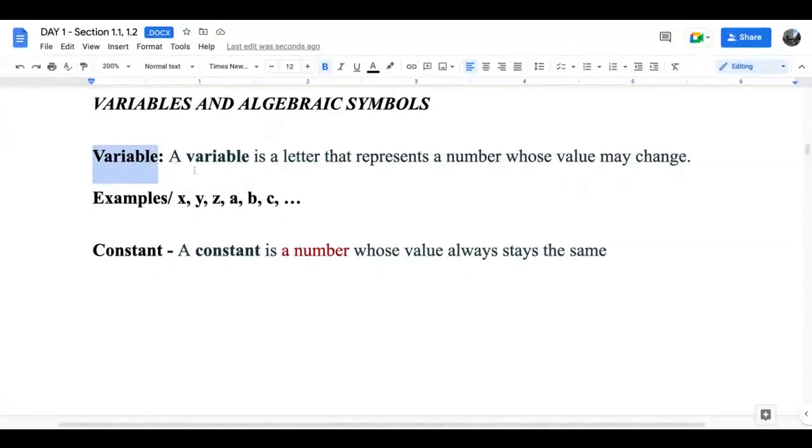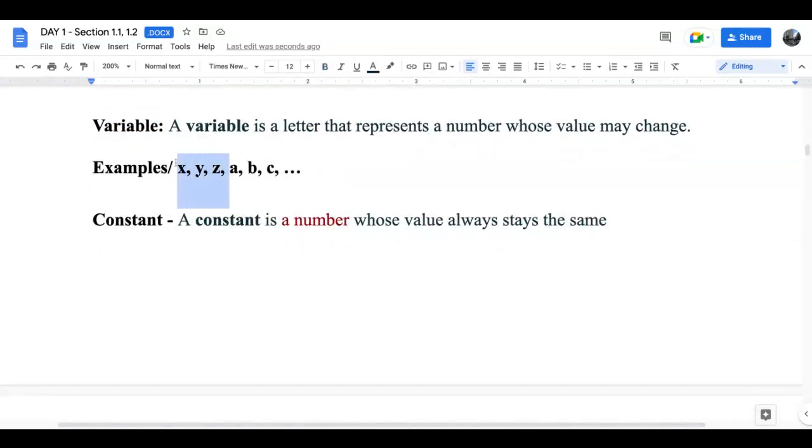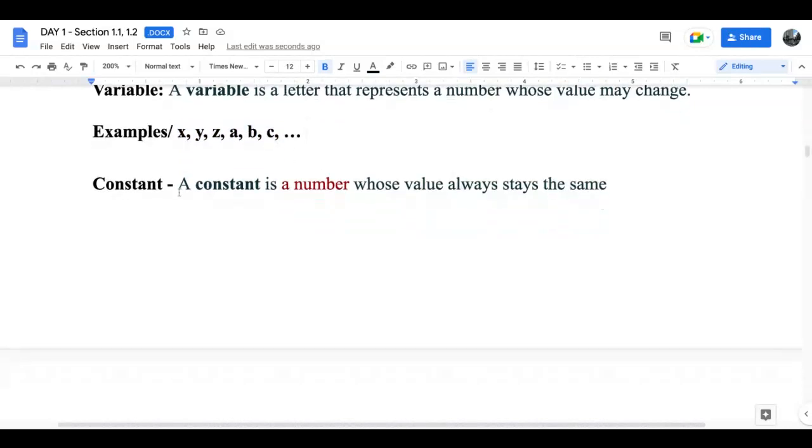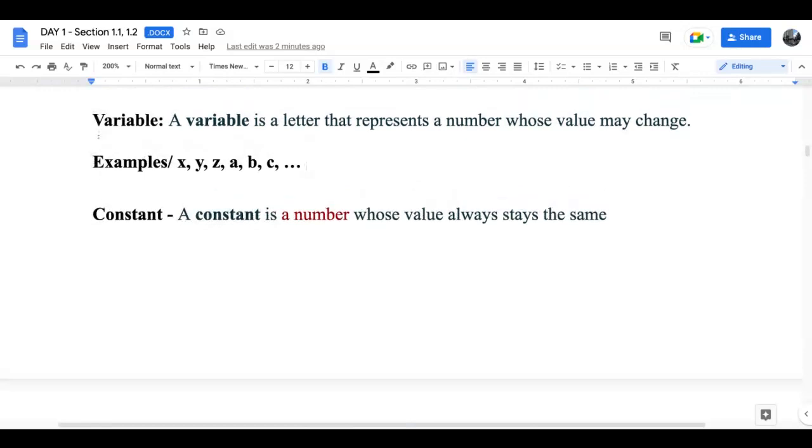What is a variable? A variable just means a symbol or a letter or any notation, like an empty container, that represents a value. Normally we use x, y, z or a, b, c. Constant, so variable versus constant.